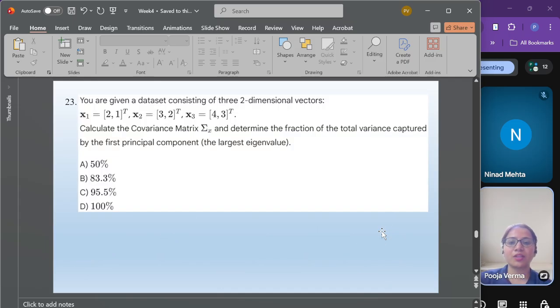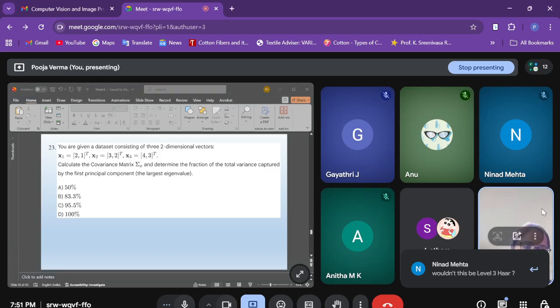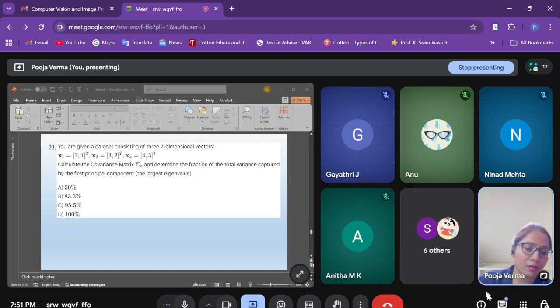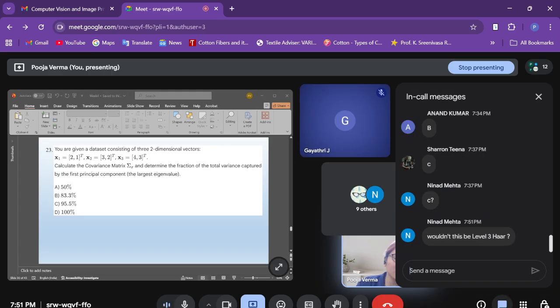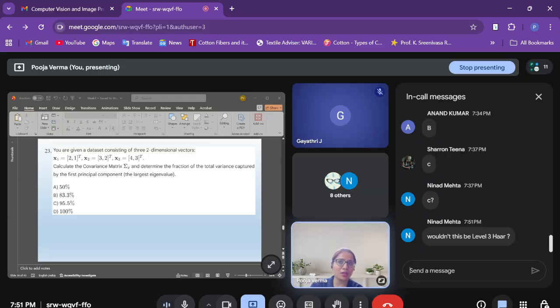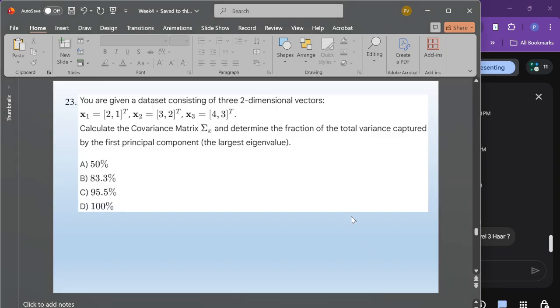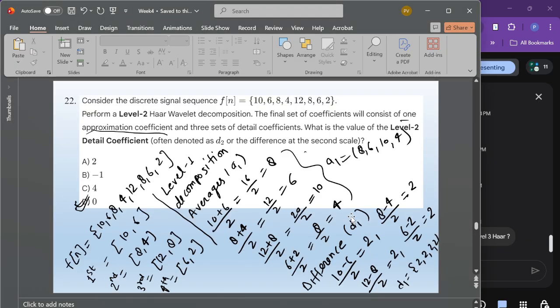So now our next question is here. Yeah, this is a level 3, but we only need to give the answer, in the question itself it is given, right? The final set of coefficients will consist of one approximation coefficient and three sets of detailed coefficient we need to perform.